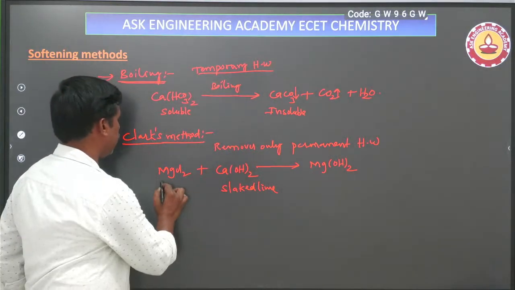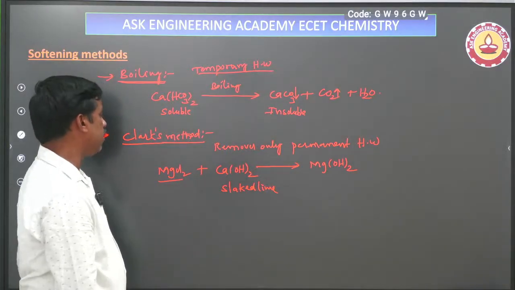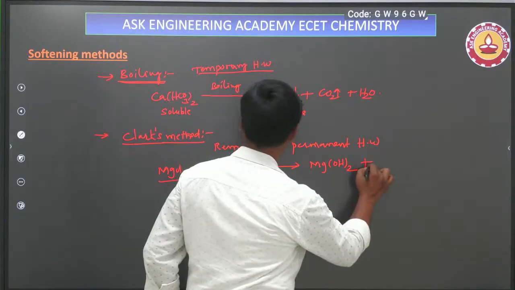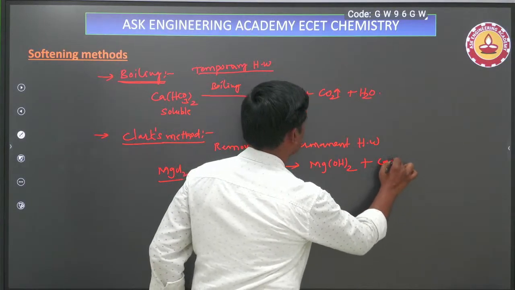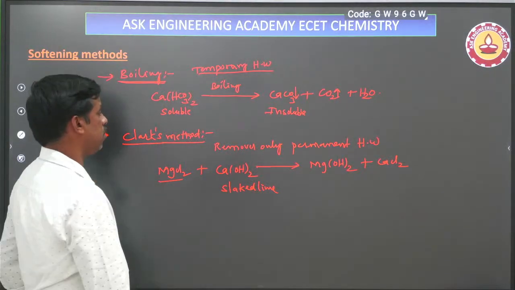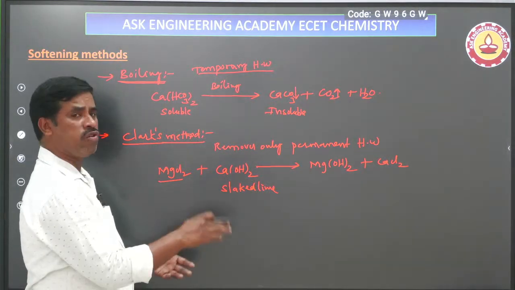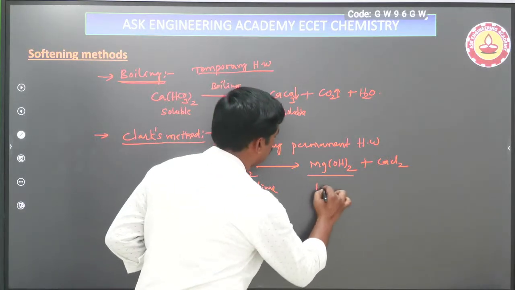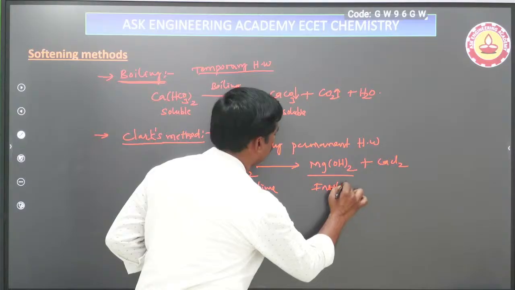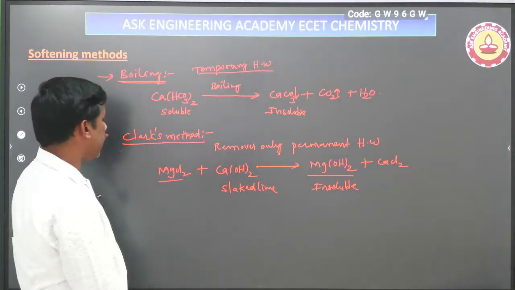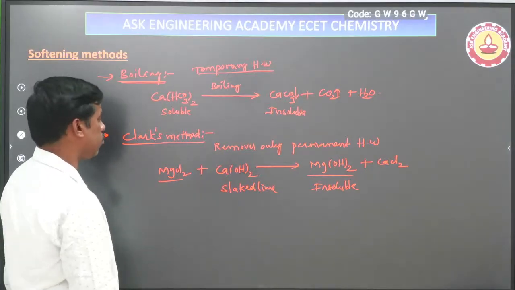This magnesium chloride converts into magnesium hydroxide, and the remaining product is calcium chloride. This calcium chloride again reacts further, continuously forming insoluble substances that are removed.